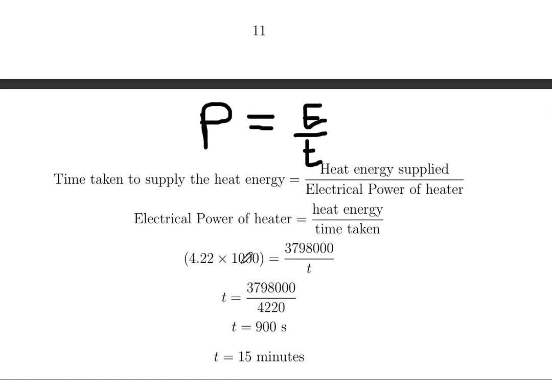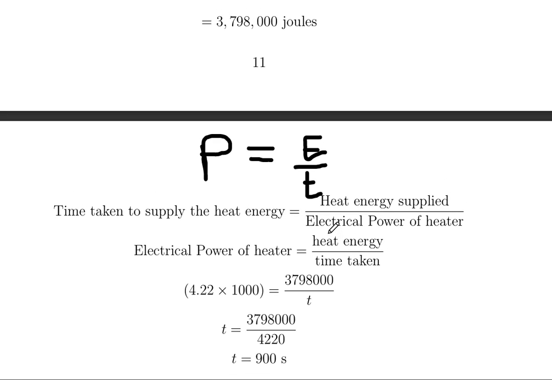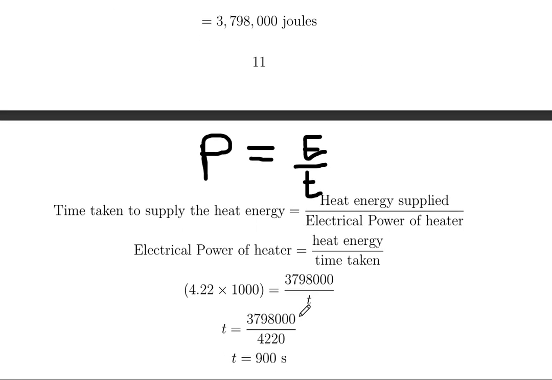In this particular case, the electrical power of the heater is 4.2 kilowatts, but remember power has to be in watts, and therefore you have to convert the 4.2 kilowatts to watts by multiplying by 1000, and then the total heat energy was this value here. So we bring it and substitute it.